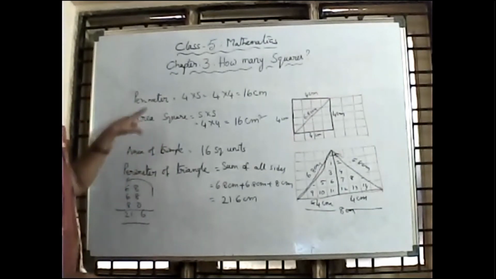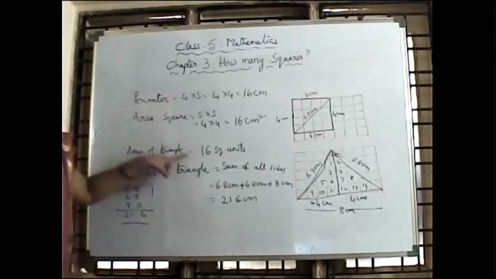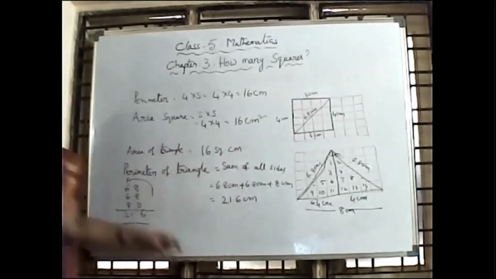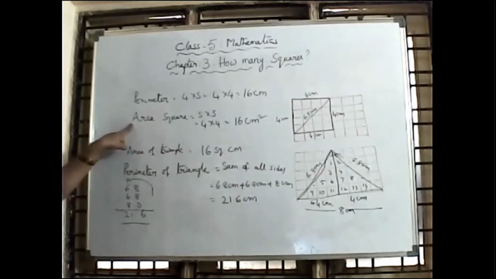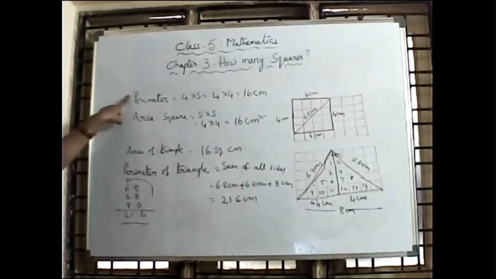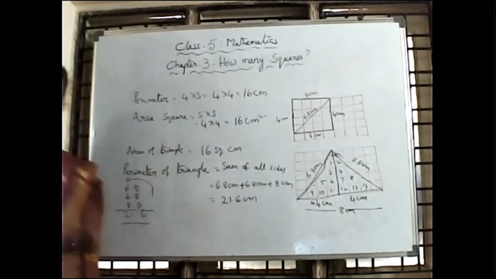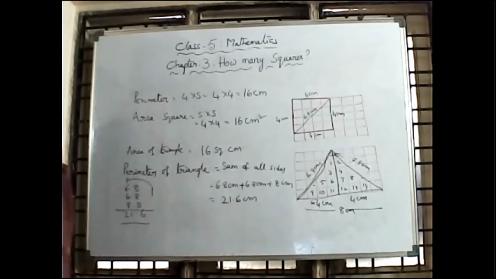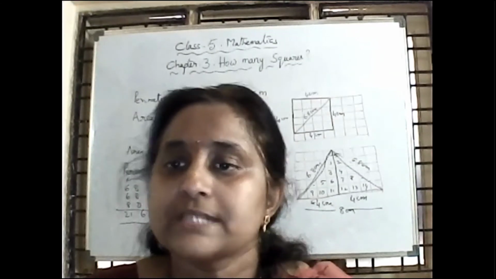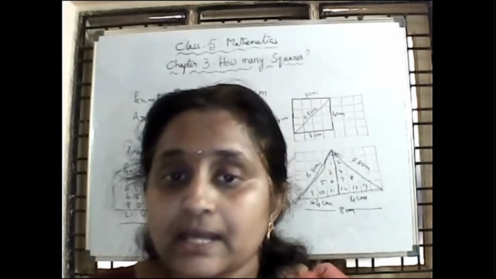Now, the area of both figures is equal. Okay, area of square and area of triangle is equal. As well as what about the perimeter? Perimeter of square is less than perimeter of triangle. Is it less or more? Perimeter of square, how much do you have? 16 centimeters.